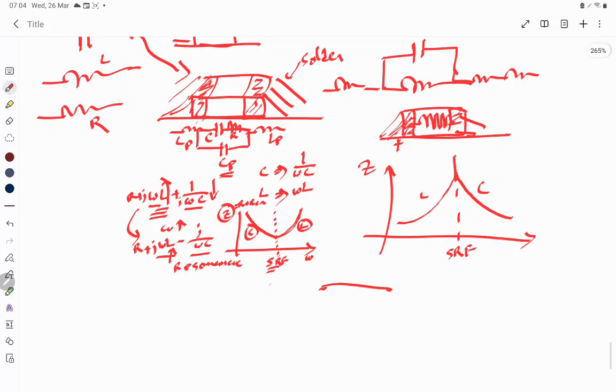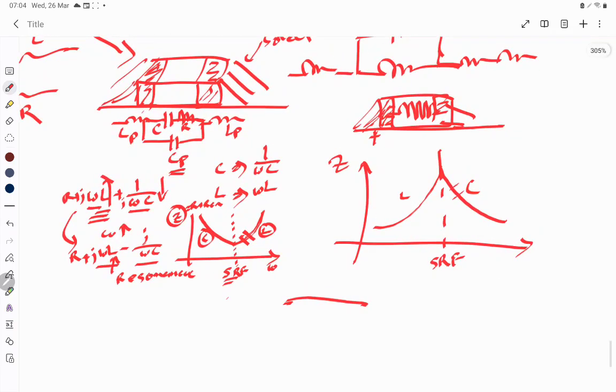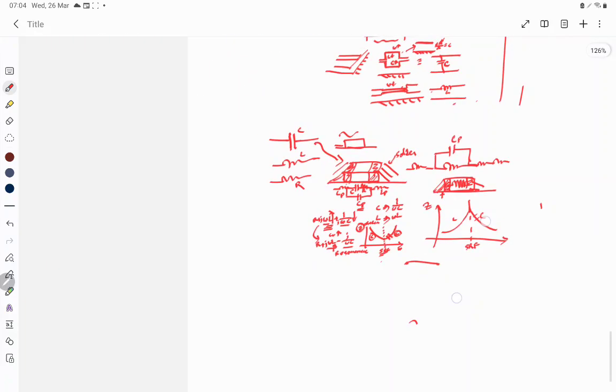So we can use a component with certainty only until its SRF. After that we need to be cautious about what kind of impedance we are getting from that particular lumped component, and whether that meets our requirements at that frequency.